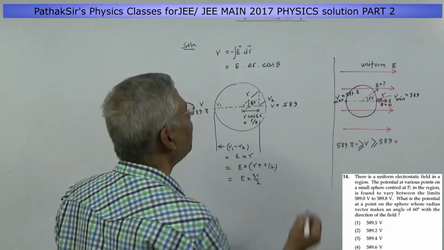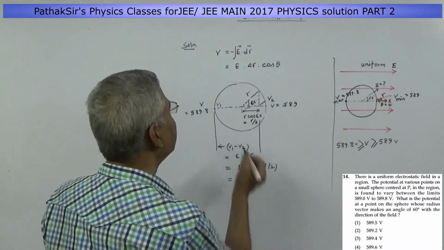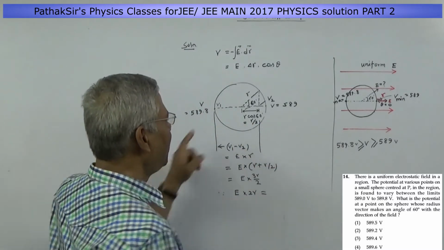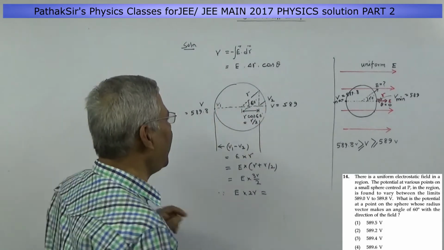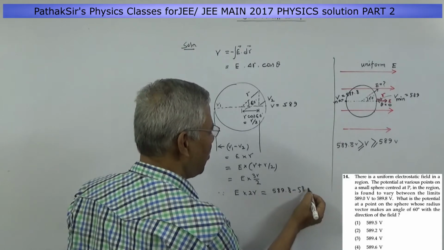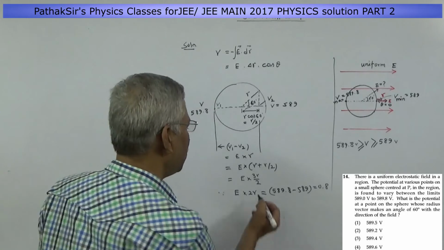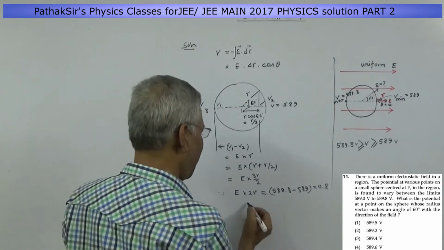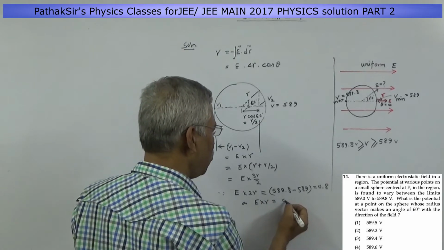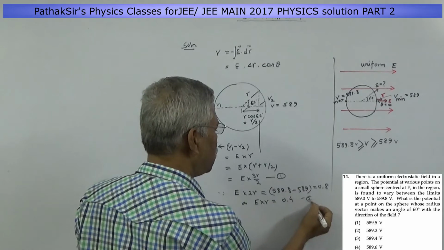But we already know that E into 2R is the potential difference between these 2 points, and it is equal to 589.8 minus 589 equals 0.8. So this will give us E into R equal to 0.4. This is 1, this is 2.